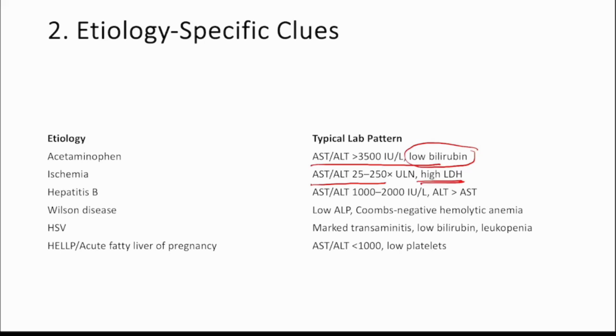Wilson's disease, low alkaline phosphatase, and you can get a Coombs negative hemolytic anemia. HSV, marked transaminitis, low bilirubin, leukopenia. And again, if there is thrombocytopenia in a pregnant patient, think about HELLP syndrome, acute fatty liver disease. So these are certain clues that will help to make a diagnosis.